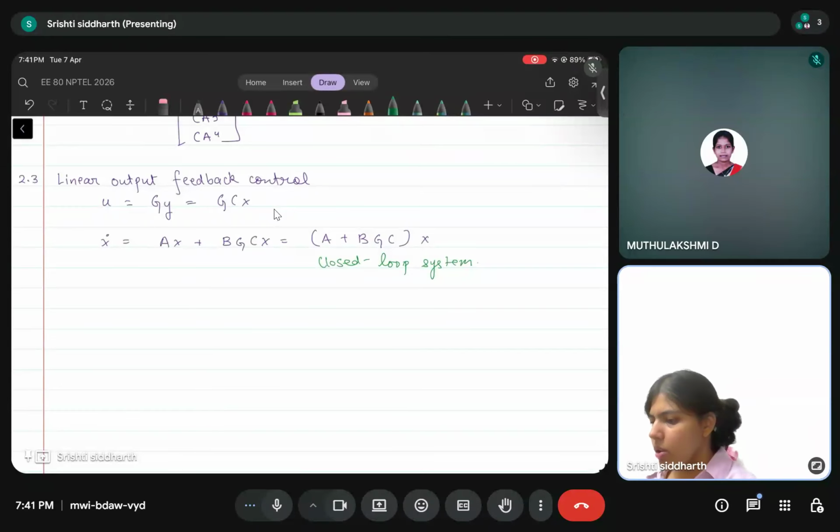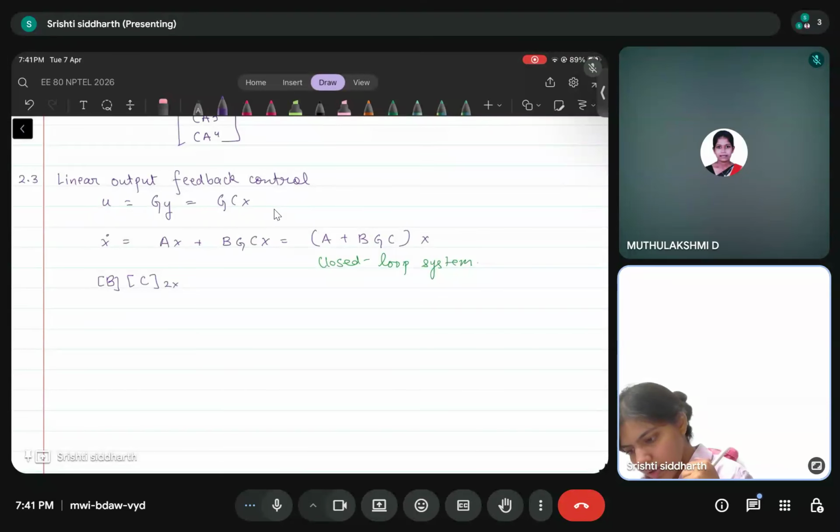Alright. So what's the dimension of C? We have 5 states and 2 outputs. So C is going to be... Let me see.